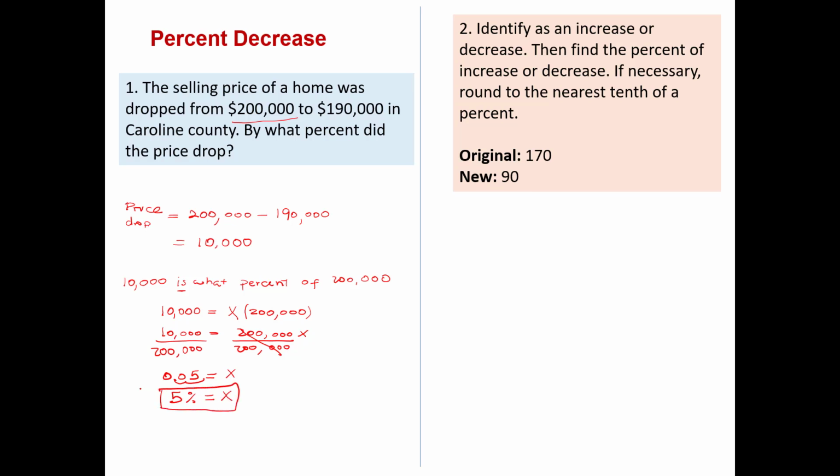And now we can say the price. Let's write: price drop by 5%.